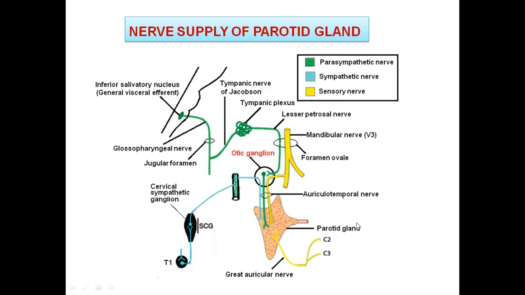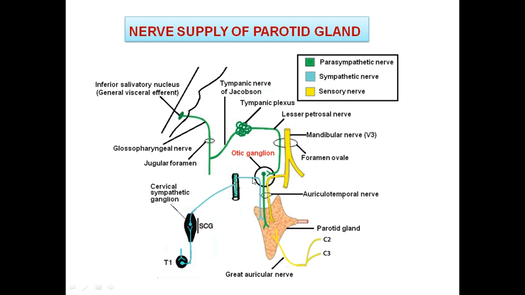Regarding the sympathetic nerve supply, the preganglionic fibers arise from the lateral horn of the T1 segment, then synapse with the superior cervical sympathetic ganglion. The postganglionic fibers enter the carotid plexus.